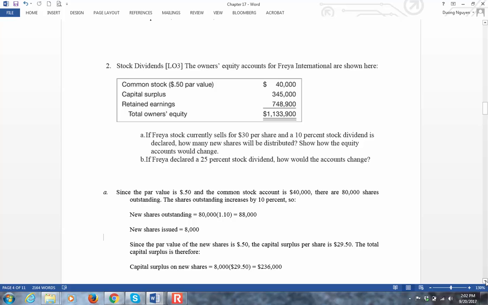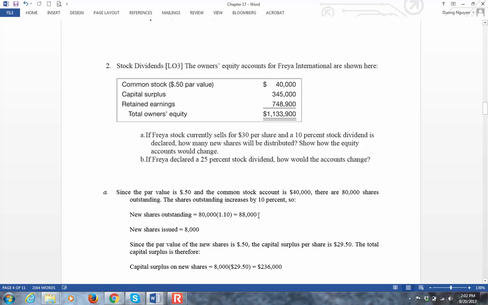This is similar to a stock split. So the number of shares will increase by 10%. Currently 80,000 shares outstanding. The number of shares will increase by 10% to 88,000 shares.